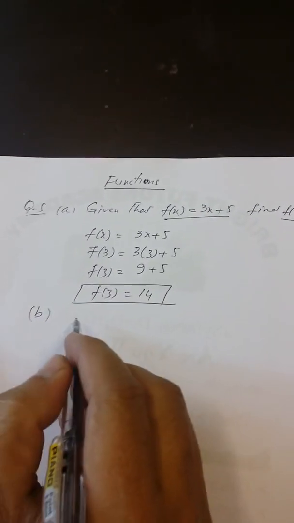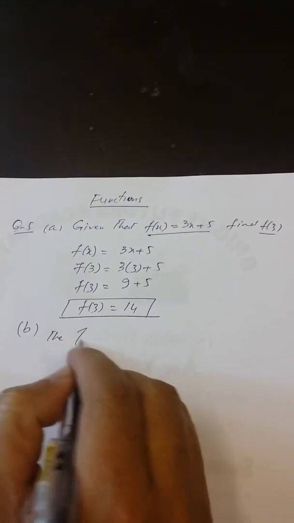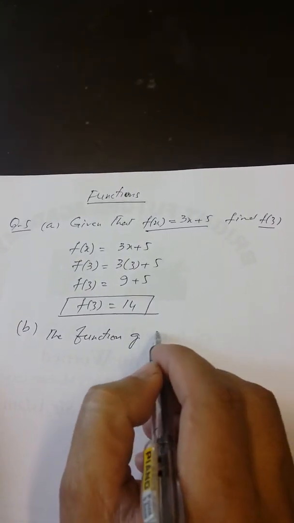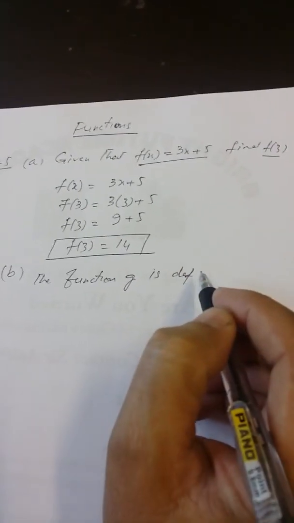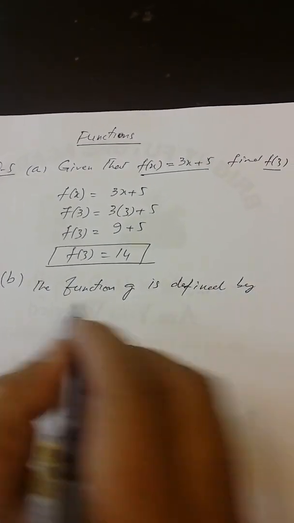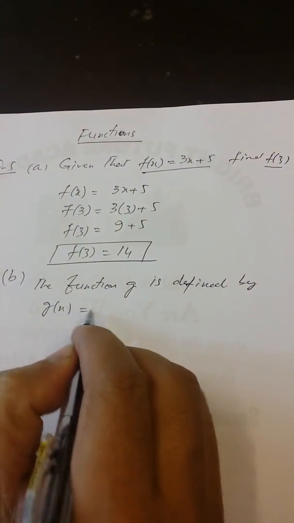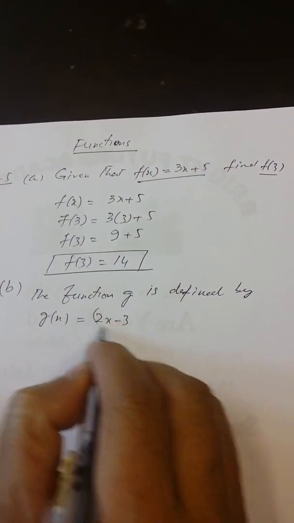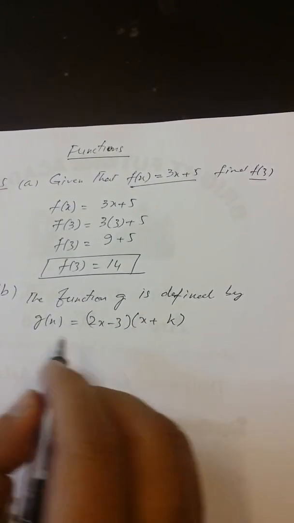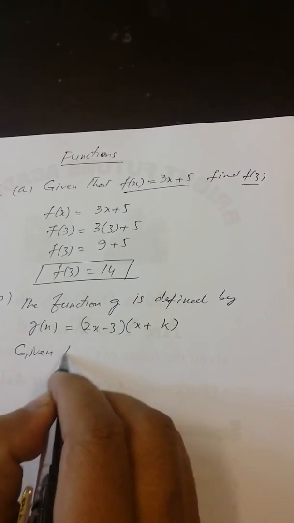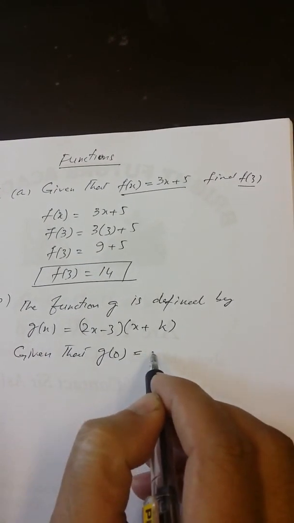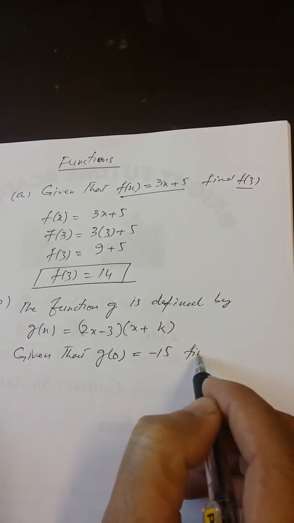Part B. The function g is defined by g of x is equal to (2x minus 3) into (x plus k), given that g of 0 is equal to minus 15.